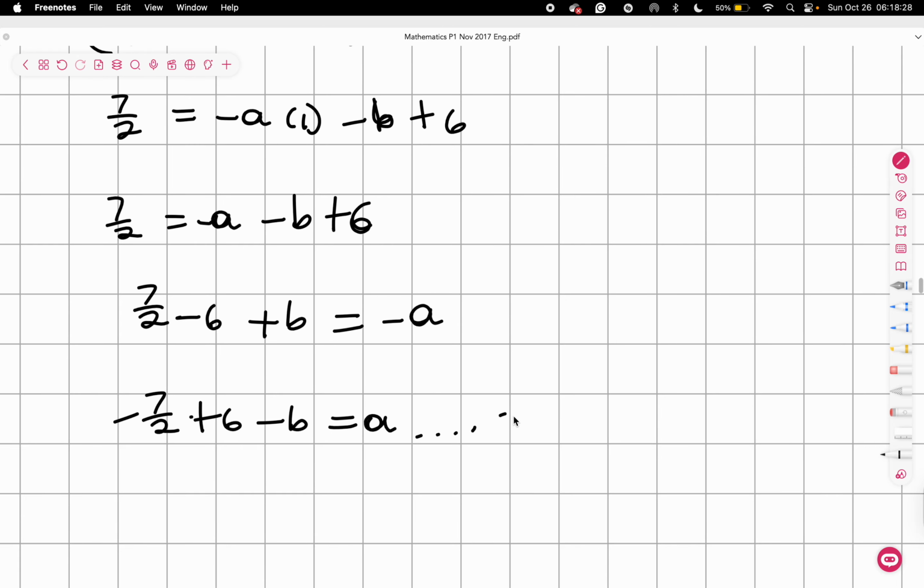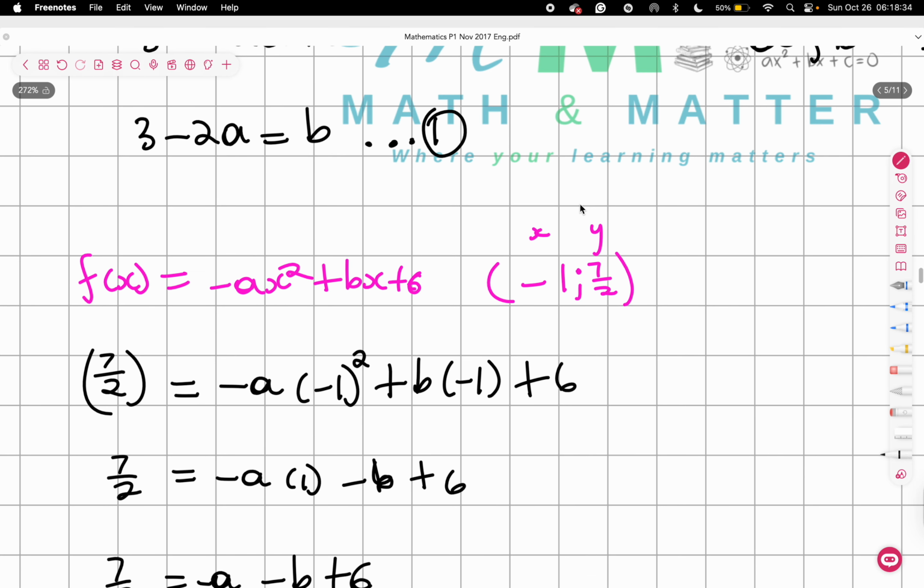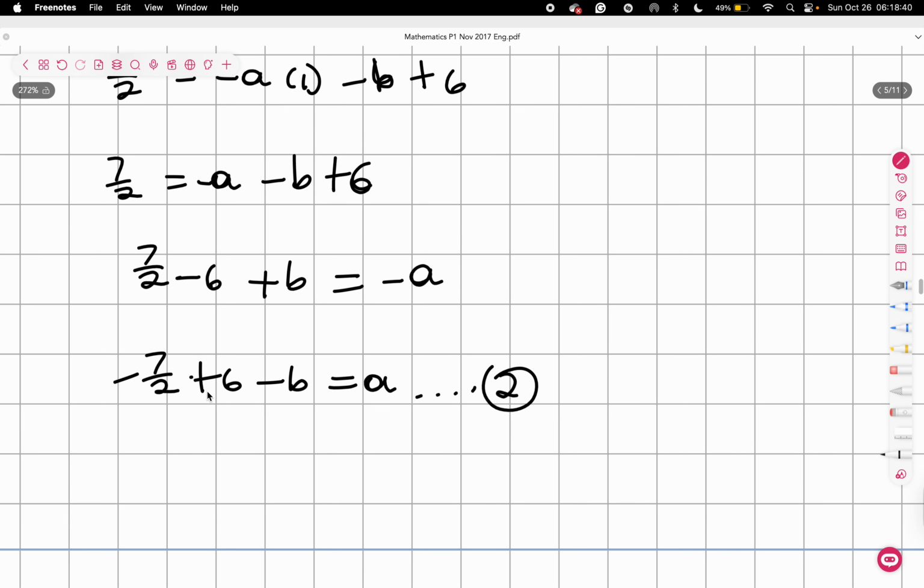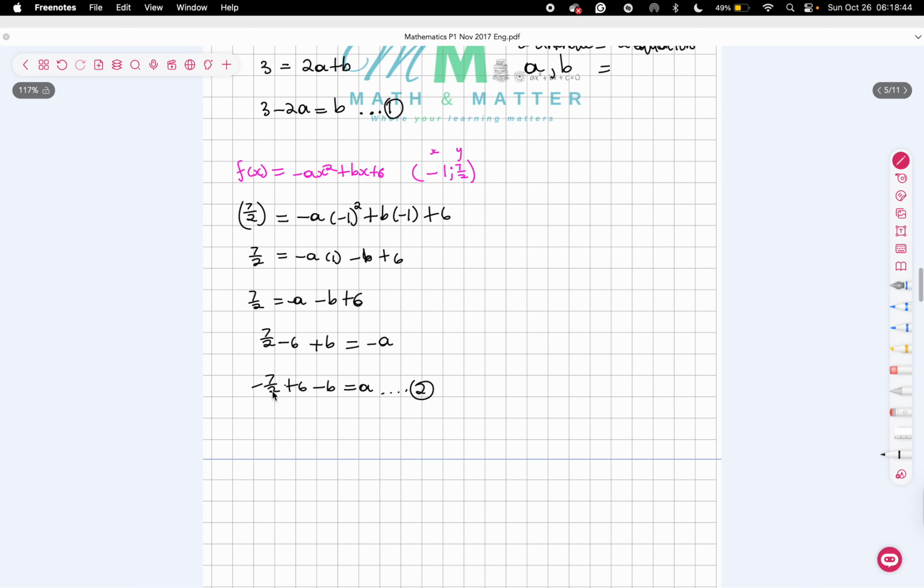So this is your second equation. Okay, so you now have two equations. First equation being 3 minus 2a is equal to b. Second equation being negative 7 over 2 plus 6 minus b is equal to a.